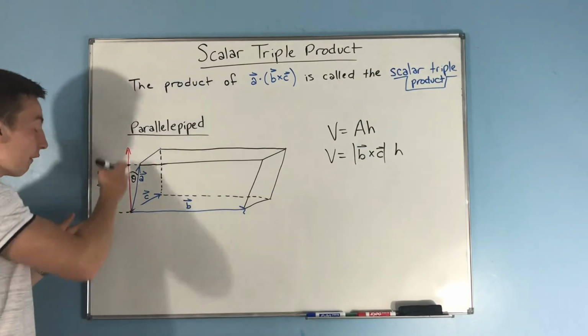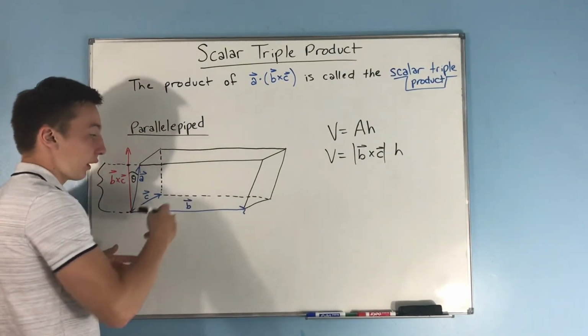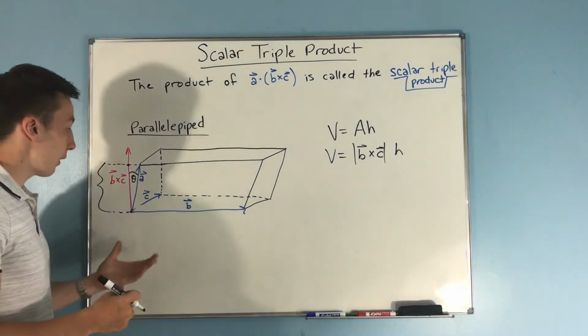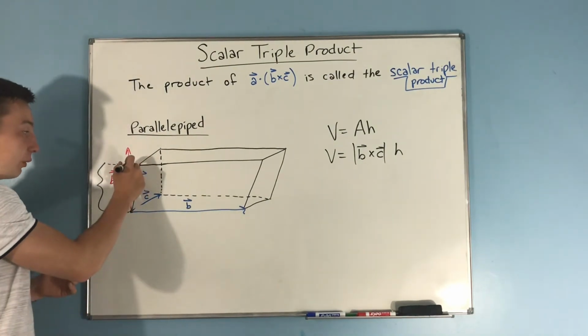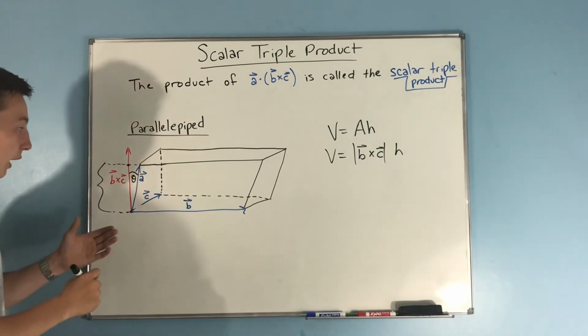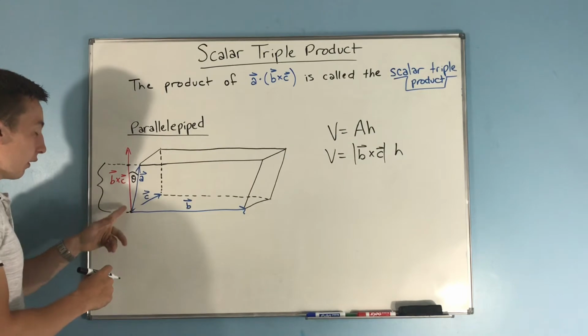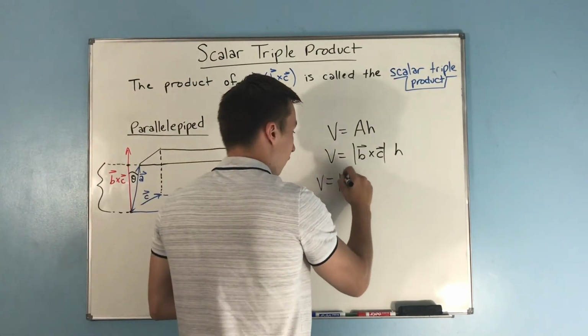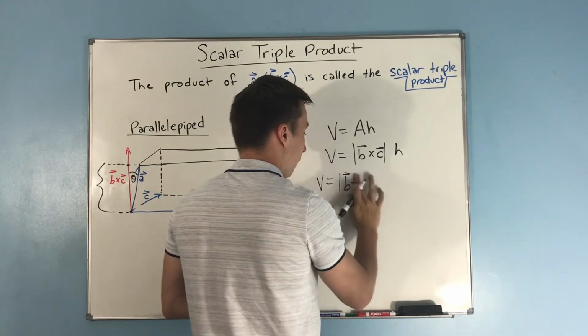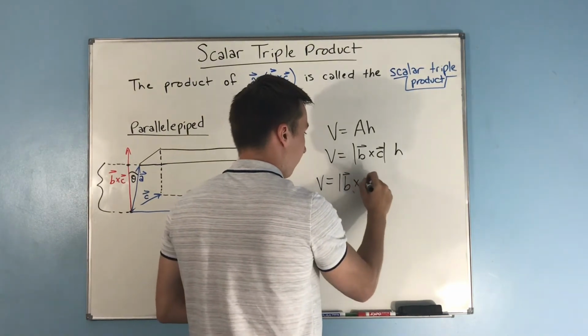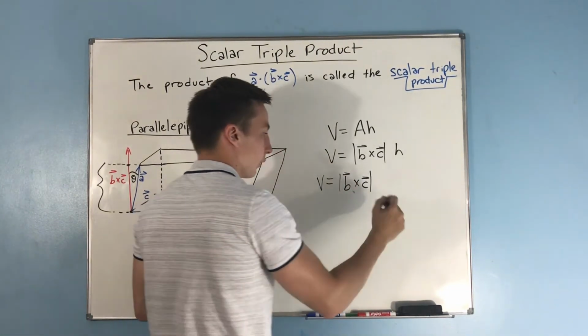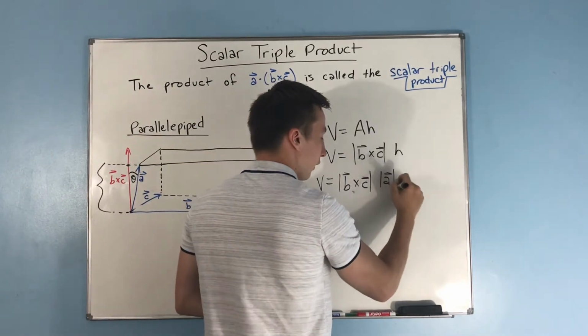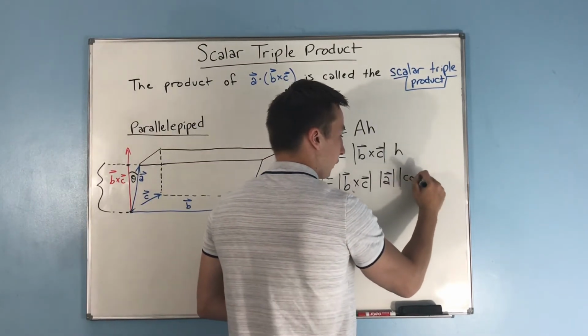Now the length of that vector is the area of this parallelogram. Okay, we've already been through that. But up to this point right here, that length is going to be A cosine theta. Okay, and we're actually going to have to take the magnitude of that, but this is going to be the magnitude of A times the absolute value of cosine theta.